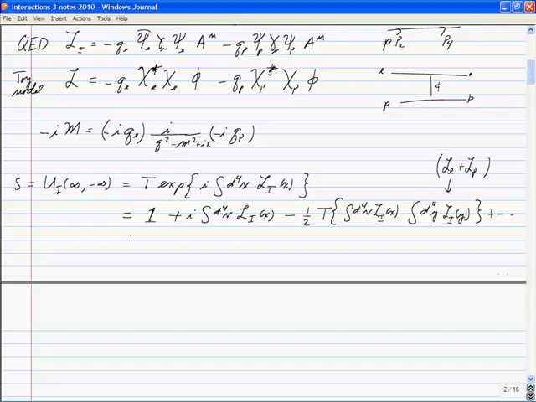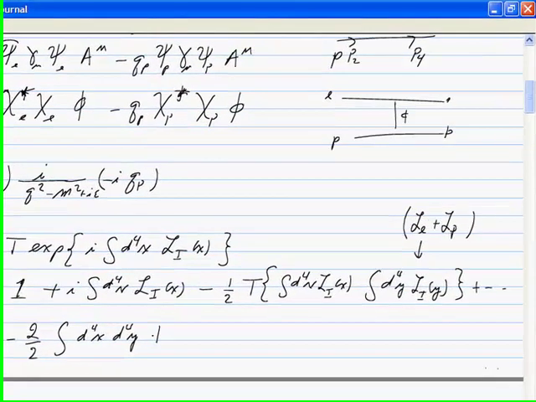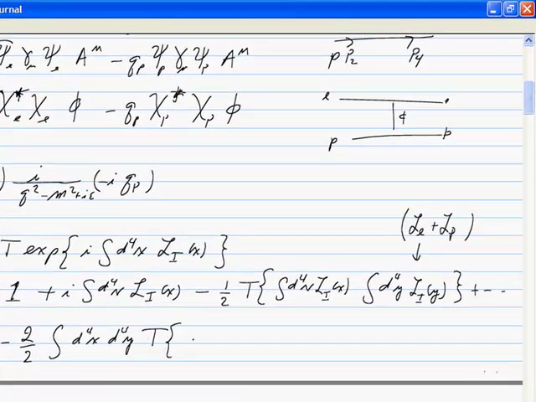Okay, so that little argument was to give me this factor of 2 over 2, times the integral d4x, d4y. There are two different combinations there. Time-ordered product of the interaction Lagrangian for the electrons. We can stick that guy at x.